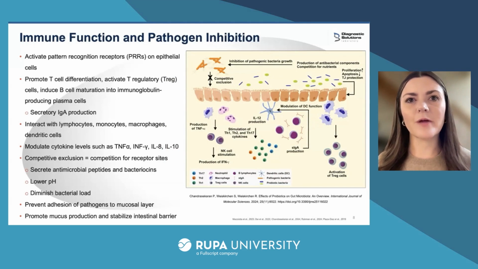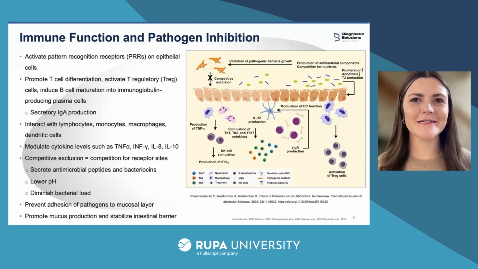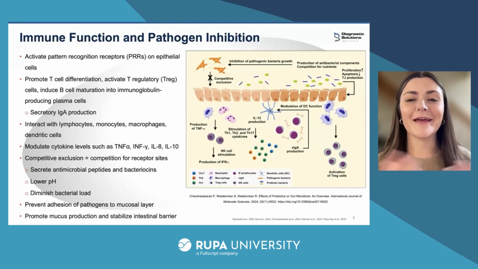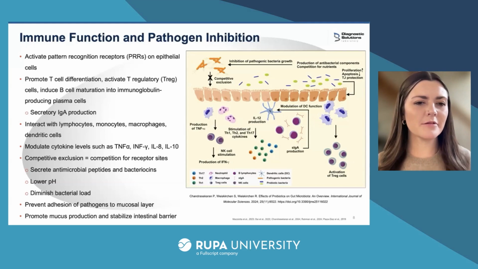Probiotics interact with a variety of immune cells, including macrophages and dendritic cells, which play important roles in identifying and eliminating pathogens. Probiotics can help to modulate cytokines, both inflammatory and anti inflammatory, working on that immune balance. And we talked a little bit already about some of the direct actions they can have against pathogens.